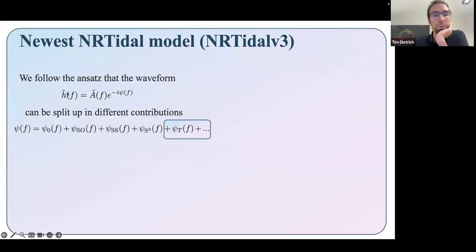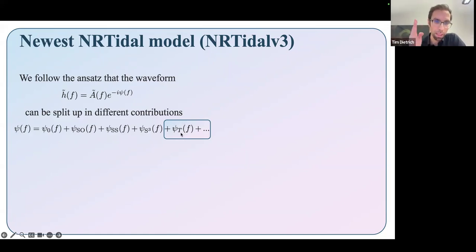So this H tilde is the frequency domain waveform, where we have an amplitude and the phase. Motivated by post-Newtonian theory, we can split up the phase into a point particle contribution, a spin-orbit interaction, a spin-spin interaction, and cubic spin interaction. You can go even further on, but we talk about neutron stars that deform, so we just focus on the tidal description here.